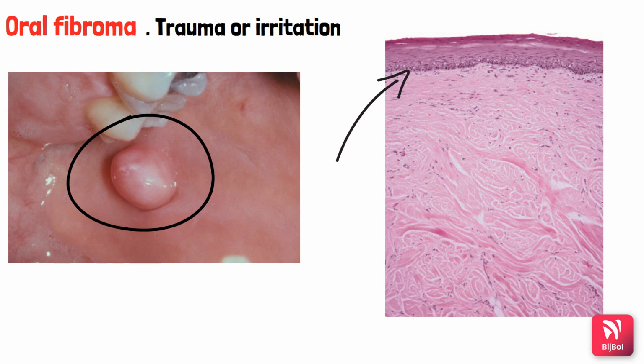So shortened or flattened rete ridges are seen here, with underlying connective tissue stroma showing dense bundles of interlacing collagen fibers. Bundles and bundles of collagen fibers you can see, with dotty cells there. They are nothing but fibroblasts or fibrocytes. So this is the histopathological picture of oral fibroma.